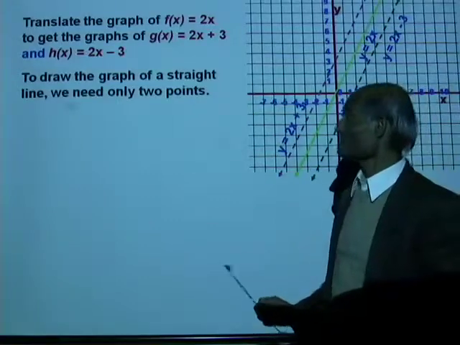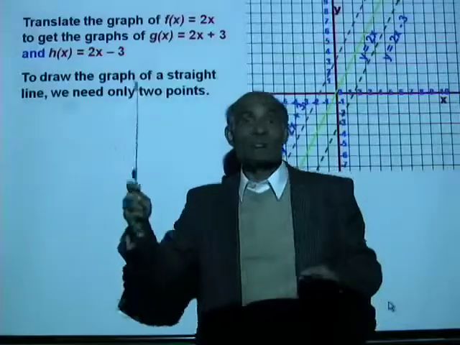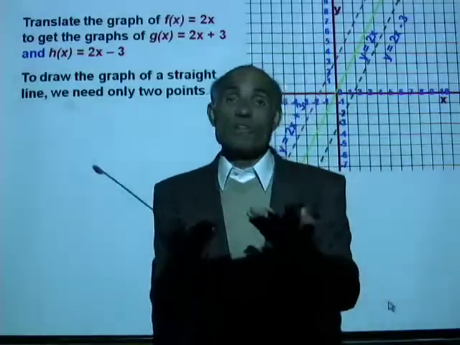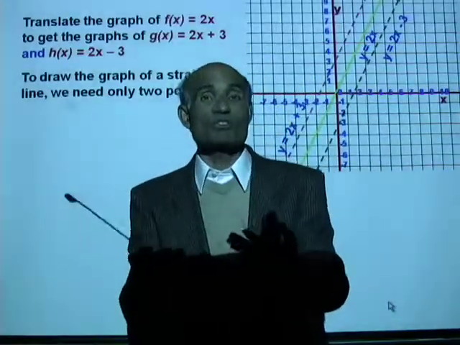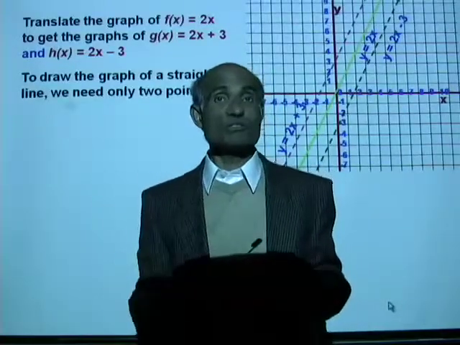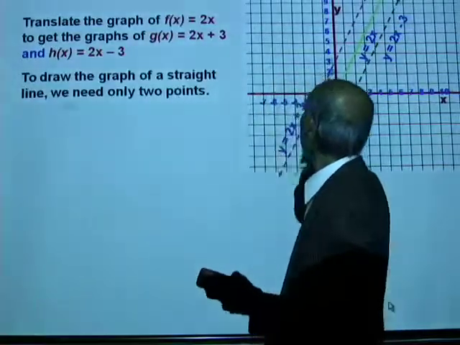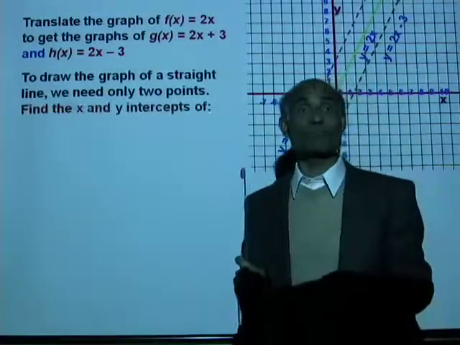Now, to draw a straight line graph, if you know that the function is a linear function, that is a first degree function, and if you want to draw the graph of it, you don't need many points. You only need 2 points to draw a straight line graph.